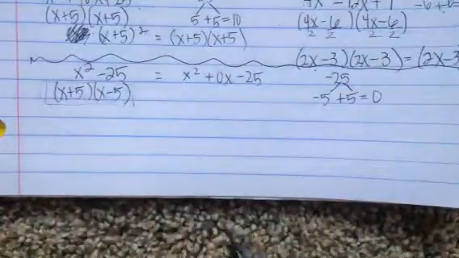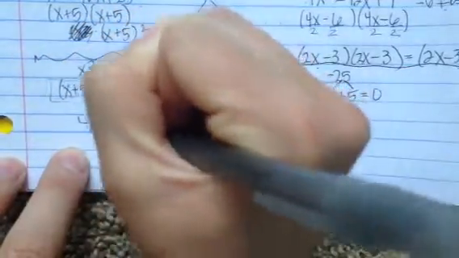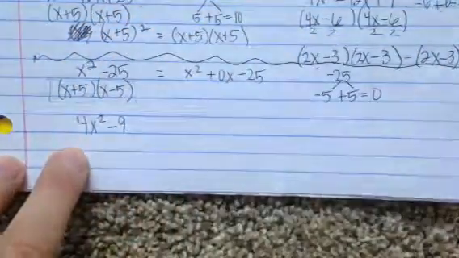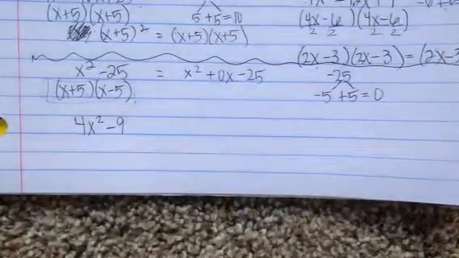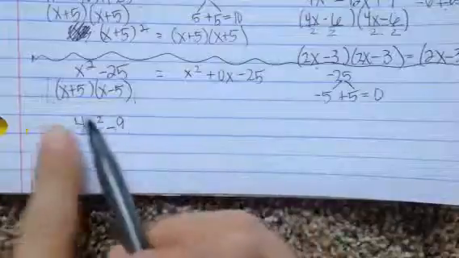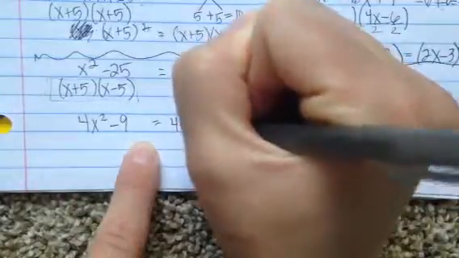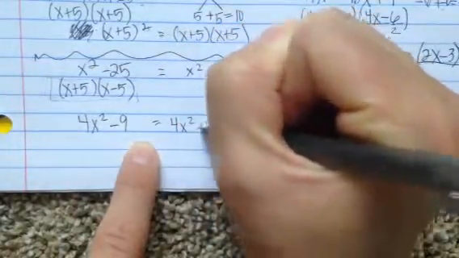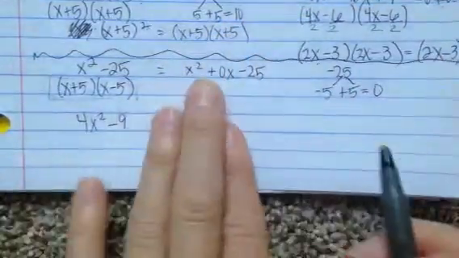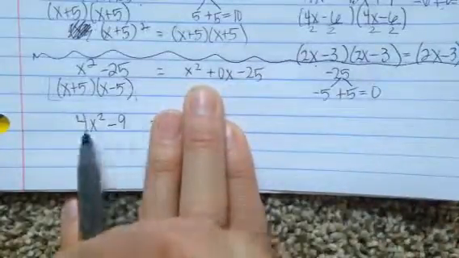Okay, let's just do one more difference of perfect squares. Let's do 4x squared minus 9. Okay, so for this one, we have nothing in the middle because there's nothing attached to just an x, so I'm going to rewrite it. Oh, and actually first, before you do that, we should check if there's a GCF.